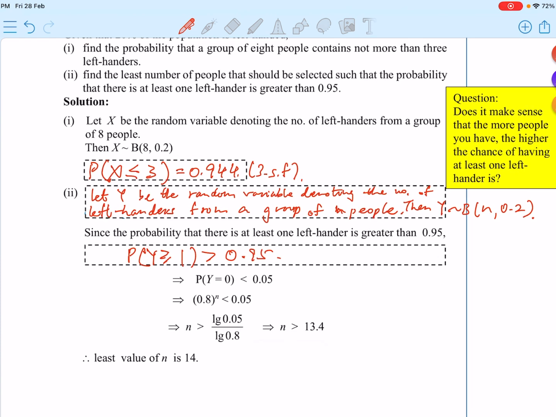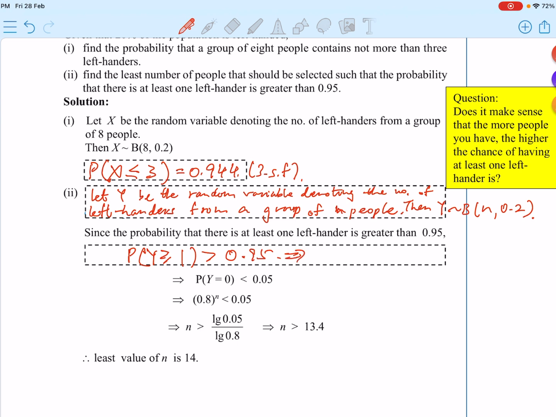How do you get to the next step? Your GC only calculates values less than or equal to. So when you write Y greater than or equal to 1, it is not good. We will try to find the complement.